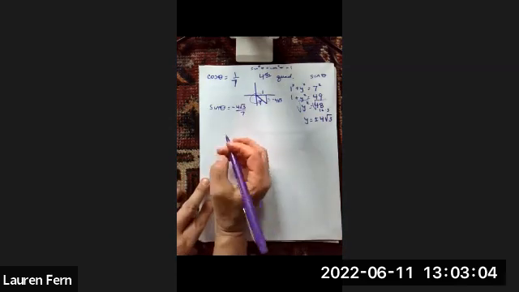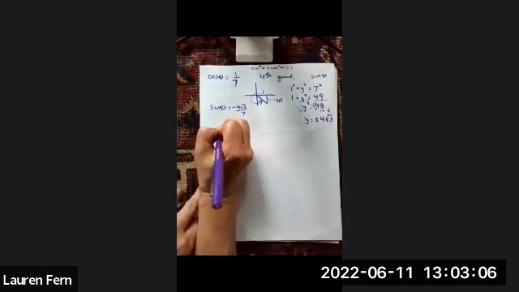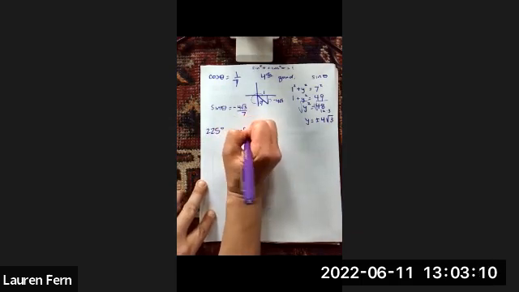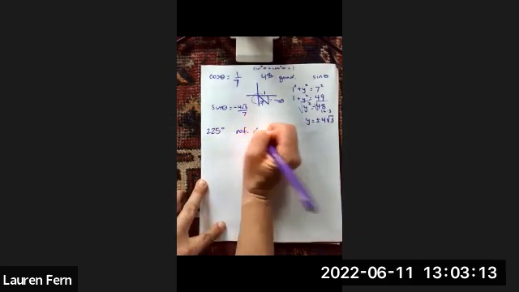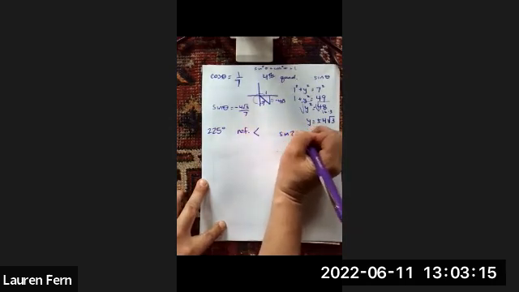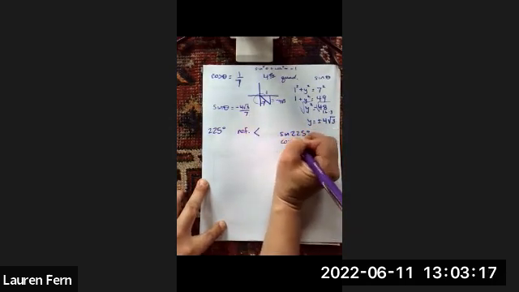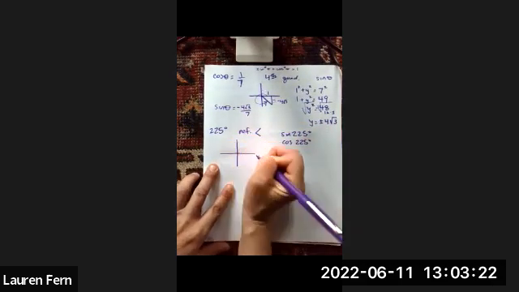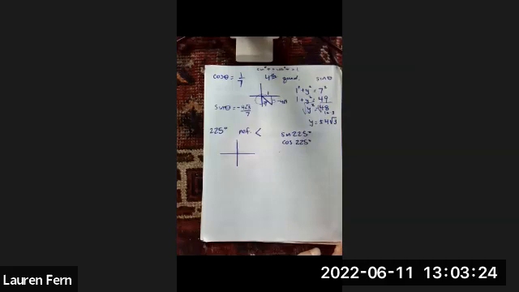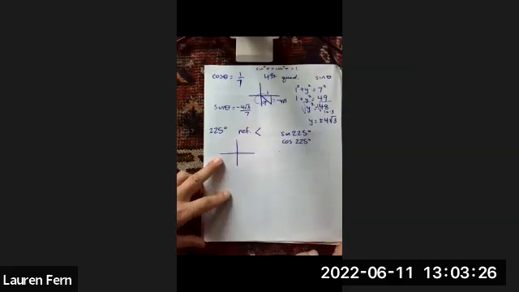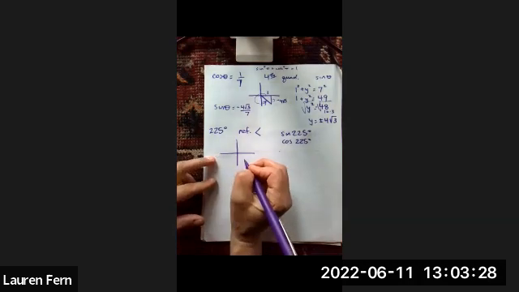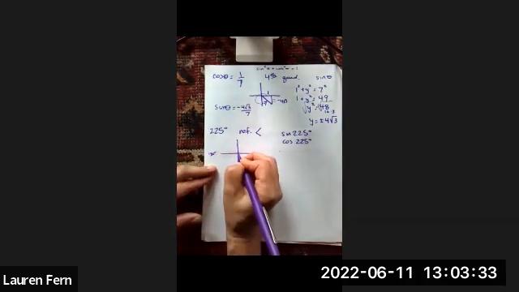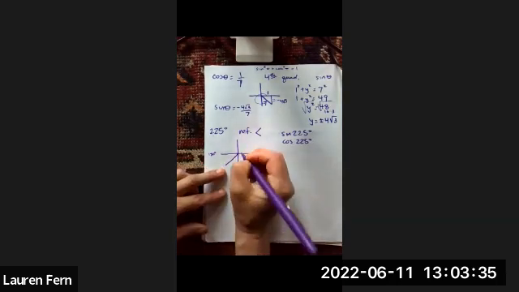All right, so how about this? 225 degrees. What I want us to do is find our reference angle and then find the sine of those. Notice I'm in degrees here, so that's pretty cool. What quadrant is 225? Well, this is 180, this is 270 degrees, so I know I'm right here.